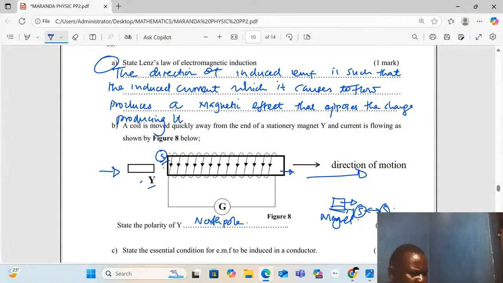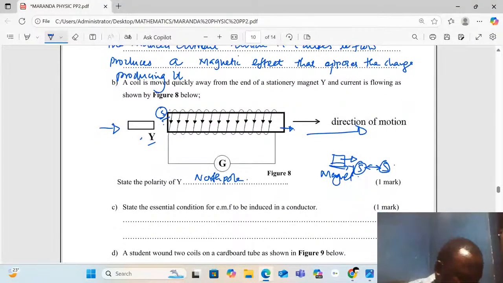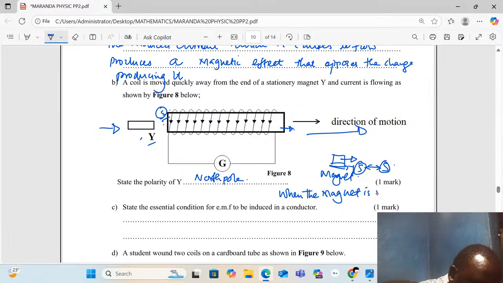That is the difference. So we can write it. When the magnet is in motion, a repulsive force is considered.